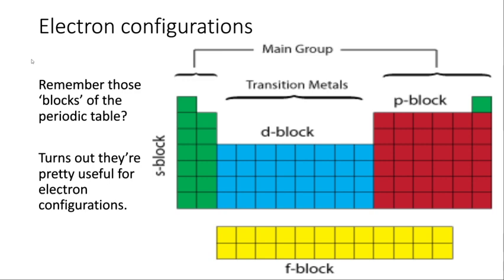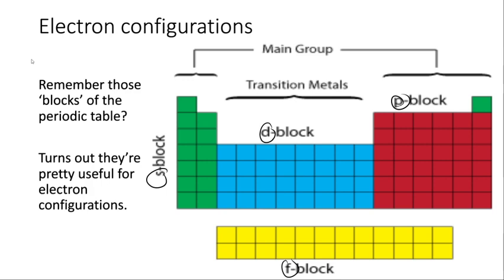So the thing to start off with, remember for your electron configurations that those blocks on the periodic table that I have talked about previously, they all have some meaning, right? The S, P, D, and F blocks are useful for electron configurations and orbital notation.